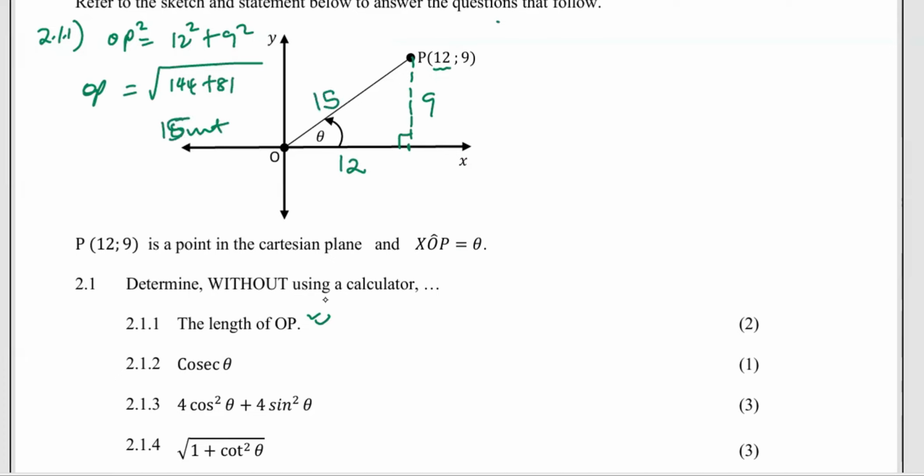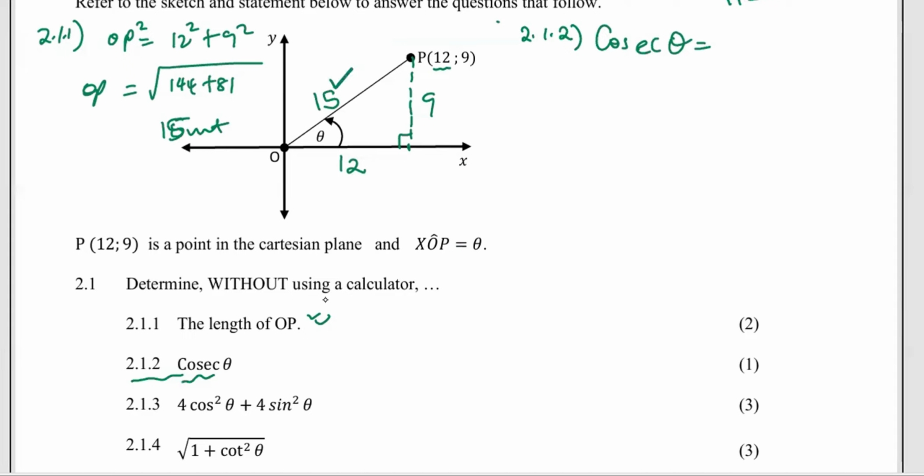Now, if our triangle is complete, then we can go ahead and answer whatever questions have been posed to us. Now, they want the cosec of theta. We know that cosec is the reciprocal of sine, okay? And sine is opposite over hypotenuse, meaning that the cosec of theta should be the hypotenuse over the opposite.